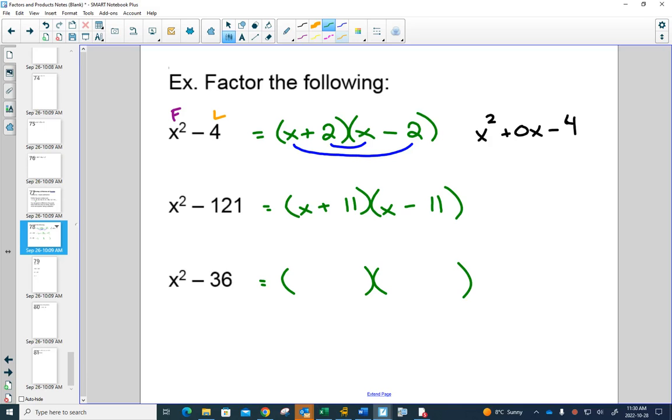But one of them is a 0, so this is the same kind of factoring we've done before, but we have to recognize it as a difference of 2 squares. This is the special kind of trinomial factoring, which is really always the same. Your outside and inside have to disappear, so one has to be positive, one has to be negative.